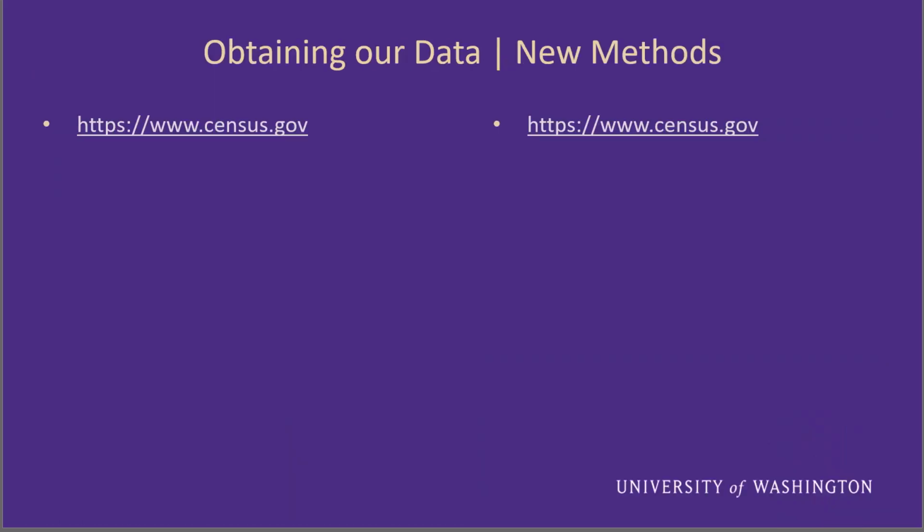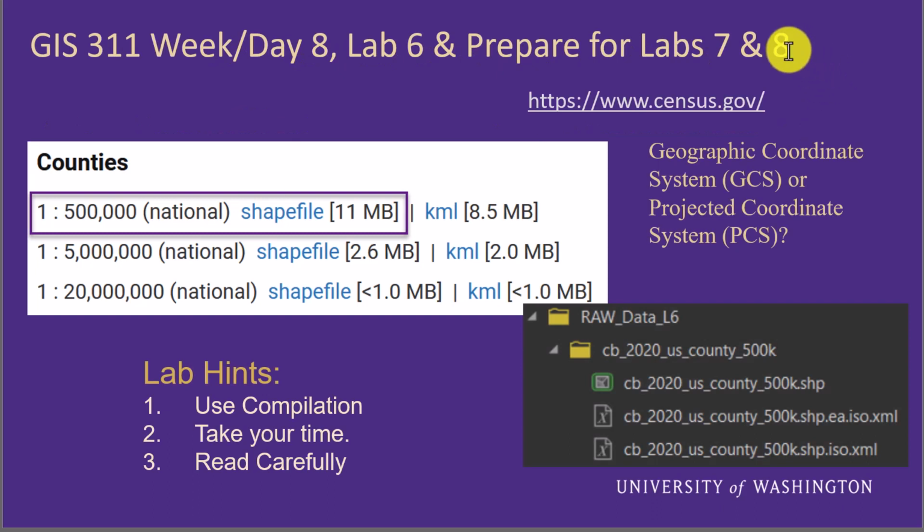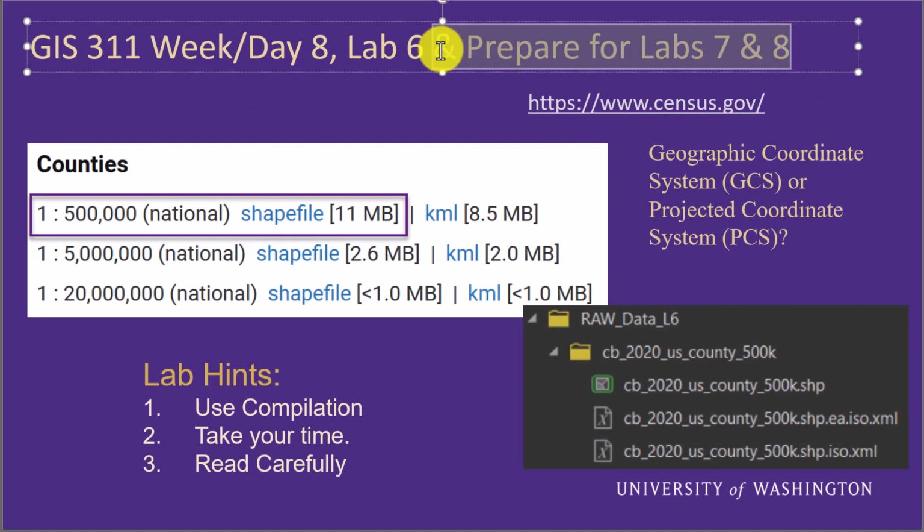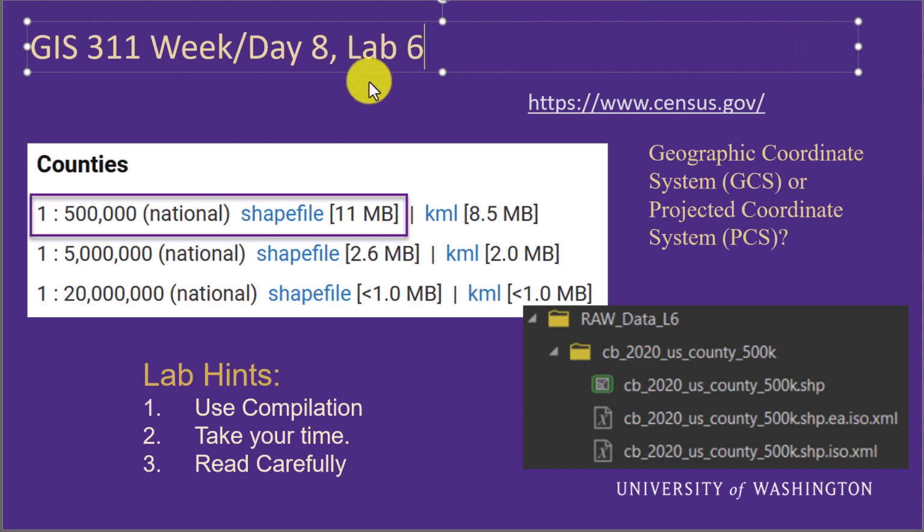But here's where we go to get the census data. And that shouldn't have been for Lab 7 and 8. We're not even going to talk about those until the week following. So some of the first things that you'll do in the lab this week is download a county shapefile that's 1 to 500,000. That's a national shapefile.